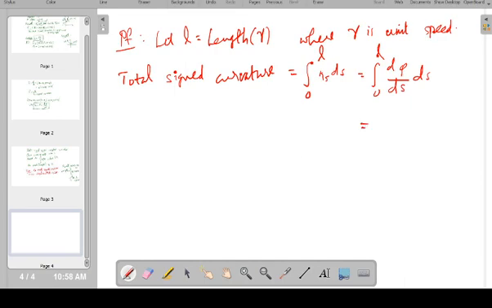This is what we proved in the last class. Kappa is equal to d phi by ds. So by the fundamental theorem of calculus, this is phi of L minus phi of 0. Okay.